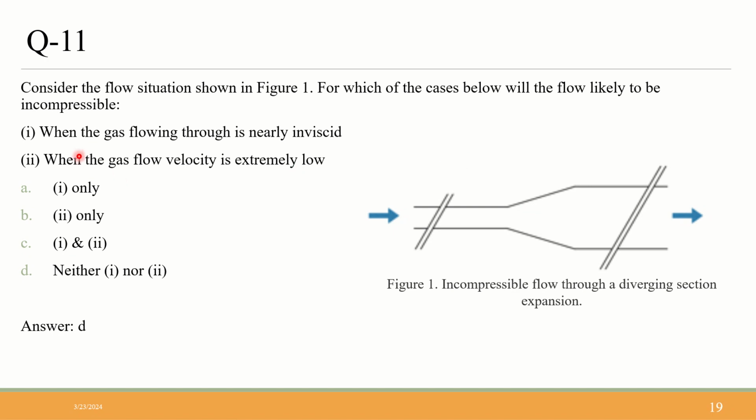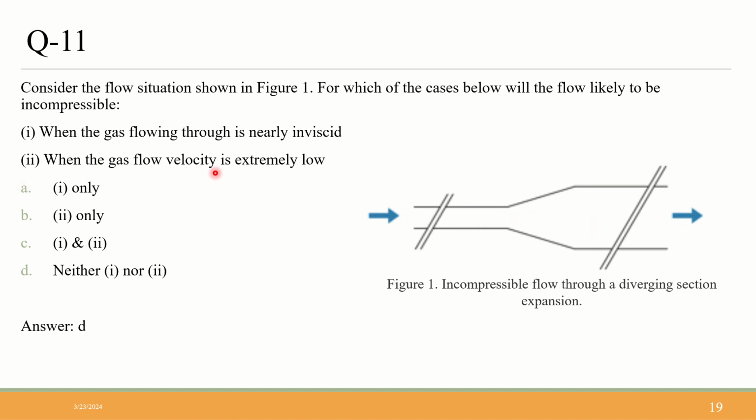When the flow is nearly inviscid, we say it doesn't affect. In the second statement as well, when gas flow velocity is extremely low, again the velocity is varying: here velocity is high, and here it is becoming less. So in the diverging section, velocity is varying.